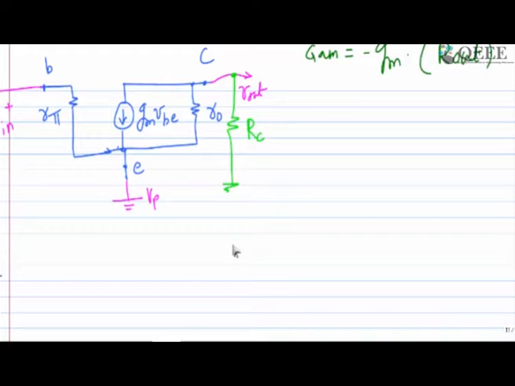How do we find any output resistance? Using Thevenin. You must know the Thevenin theorem, Thevenin output impedance. Let's say I want to find the output resistance from here.